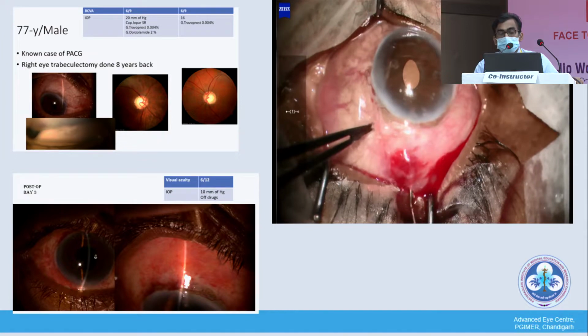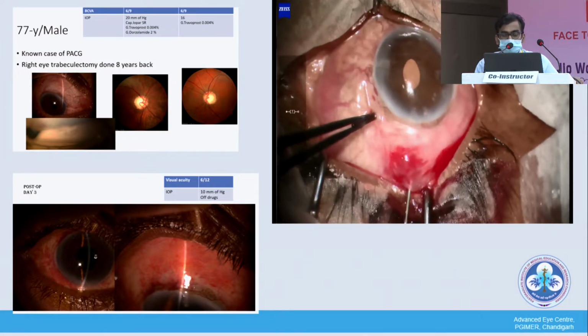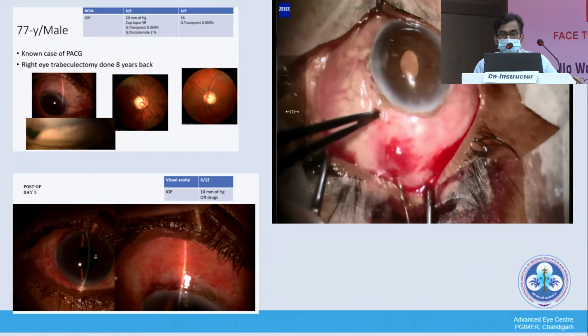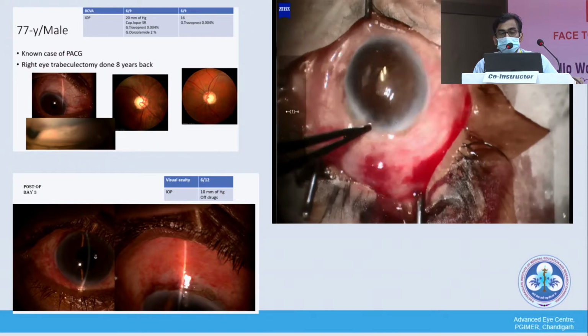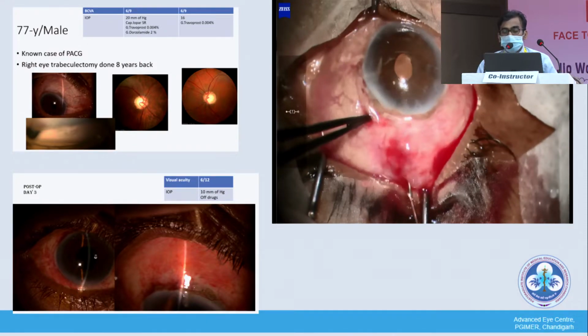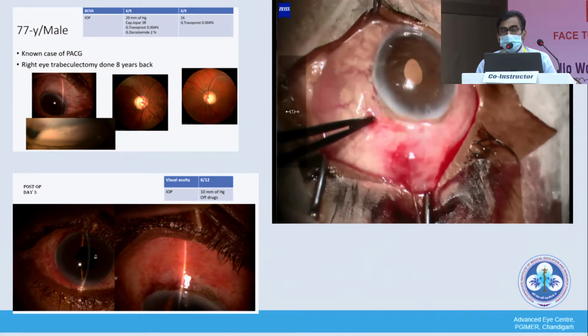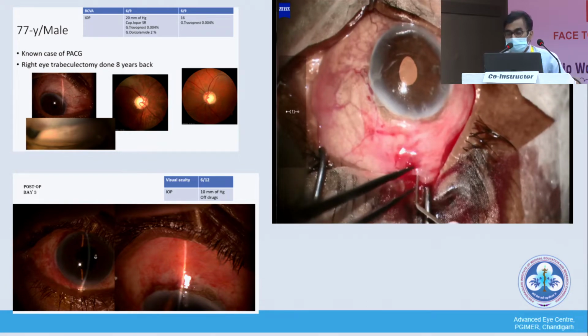That's the recannulation of the bleb. Then make a paracentesis incision, followed by AC reformation.